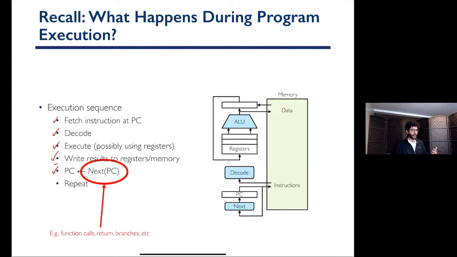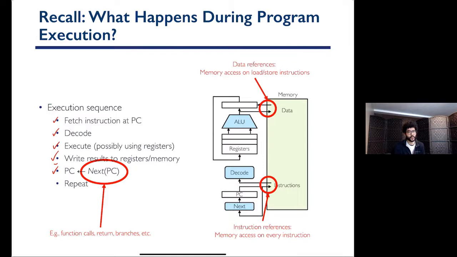This next PC is usually either the next instruction in the list, or you're going to jump to a function, or if it is a for or while loop, you're going to jump back to another instruction and redo the instructions you were doing. So for every single instruction that we execute, we're going to go to memory at least once, and in some cases more than once. If the instruction is a load or a store, we're going to go to memory even more.